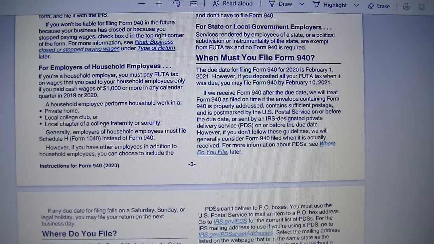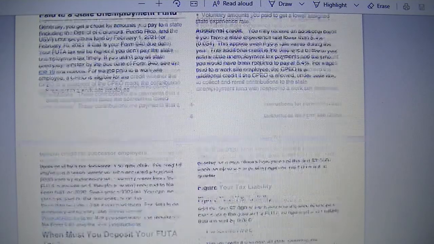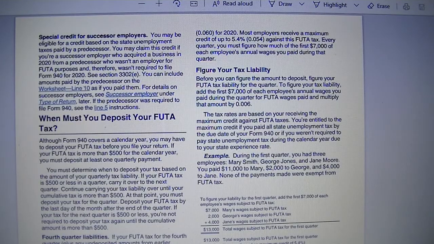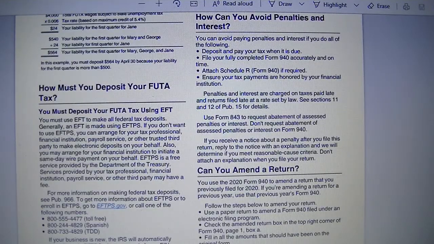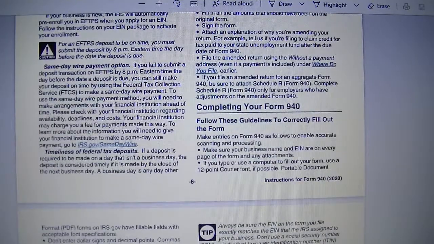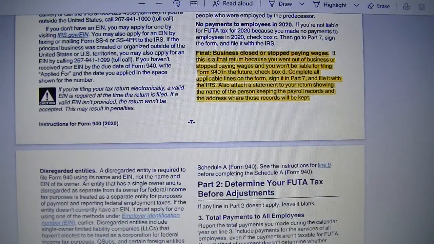I believe some states have not paid their due to the government, therefore you may not be eligible to claim credit if you live in those states.